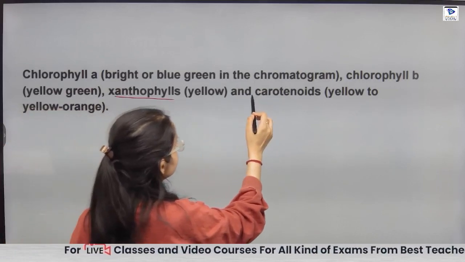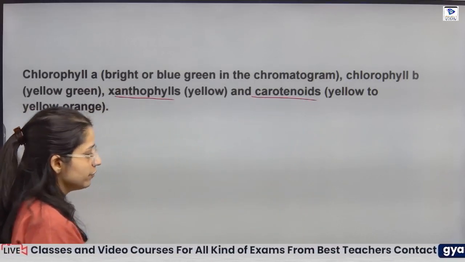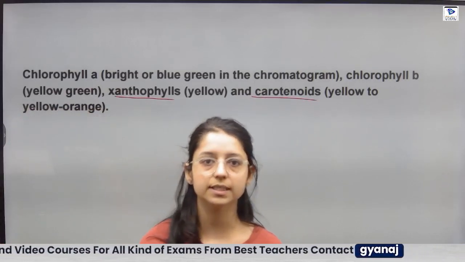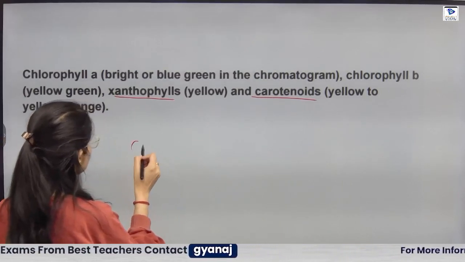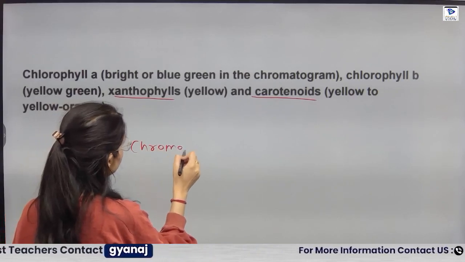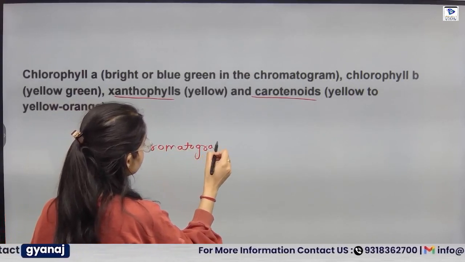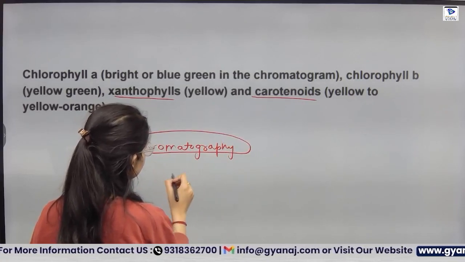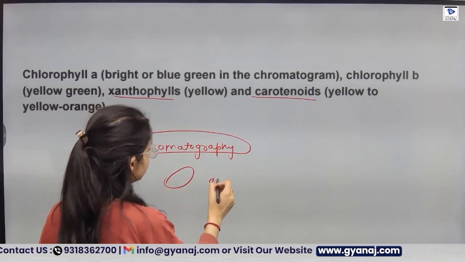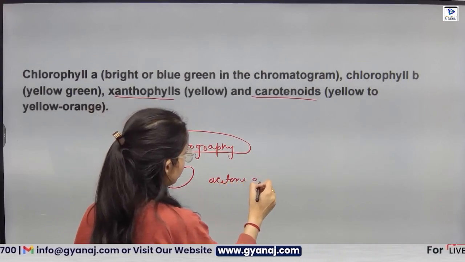Along with chlorophyll A and B, we have other accessory pigments, that is xanthophylls as well as carotenoids. How can we separate these pigments? With the help of chromatography using acetone and paper.